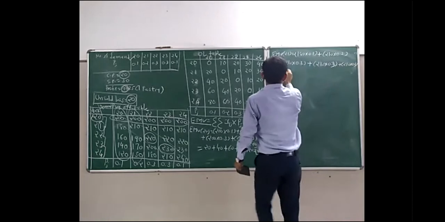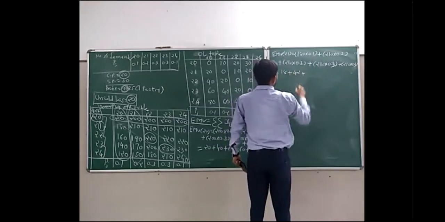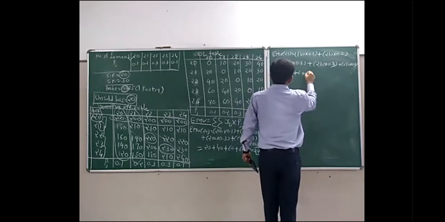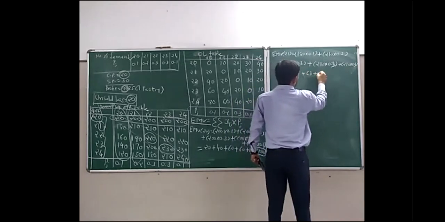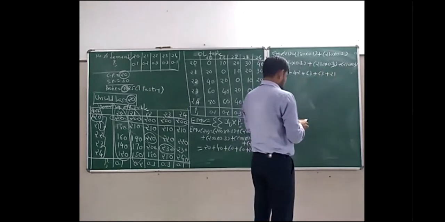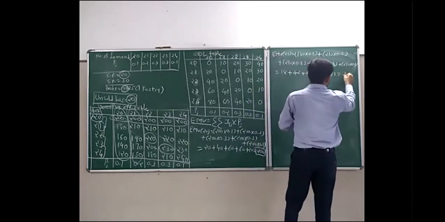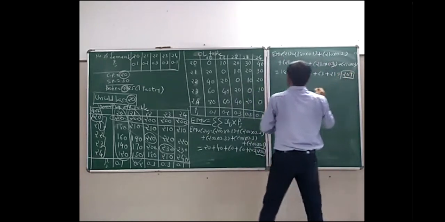So the answer is 18 plus 42 plus 63 plus 63 plus 21. So it is 207. Please check it again.